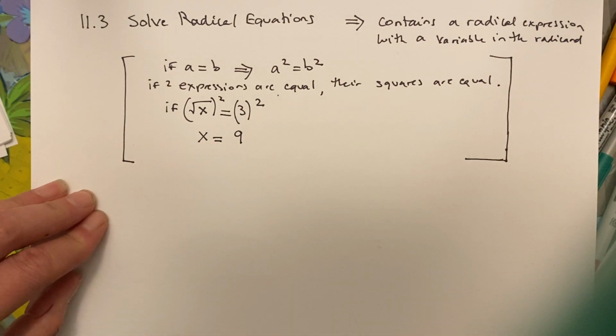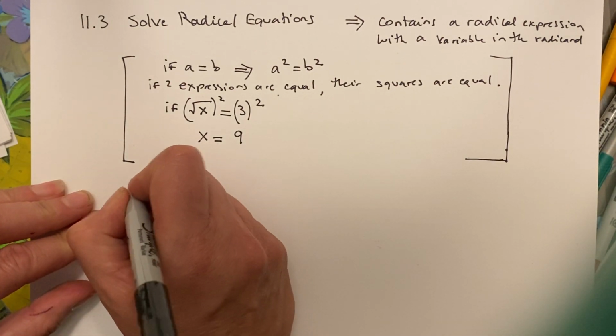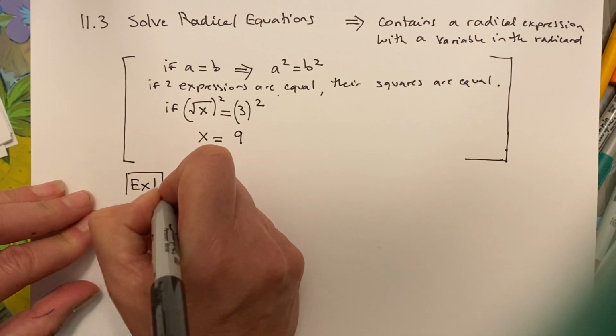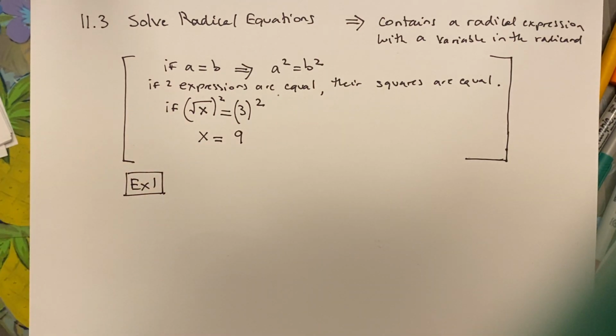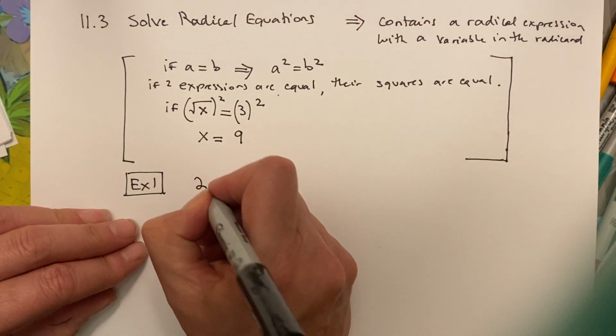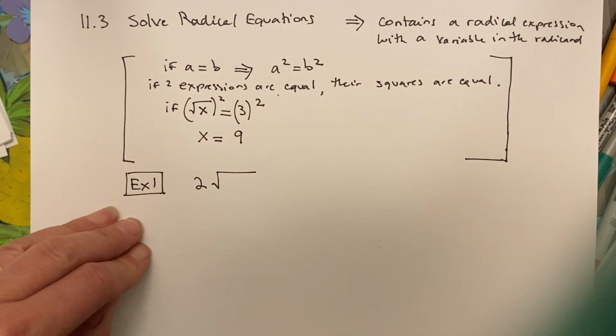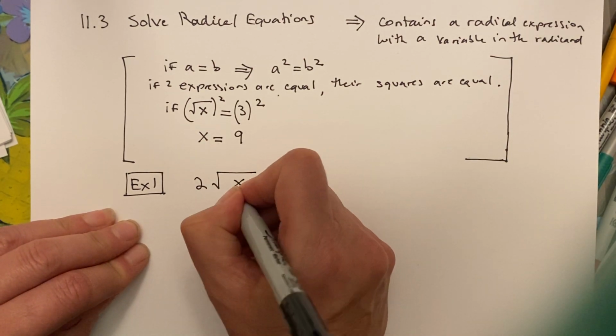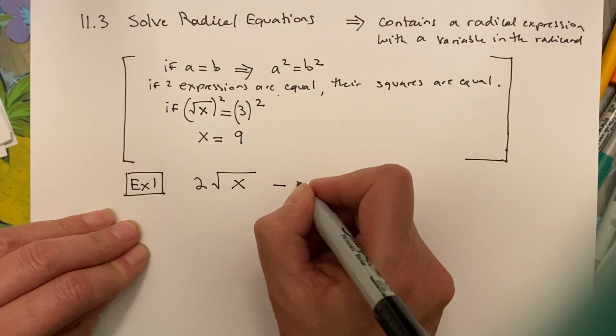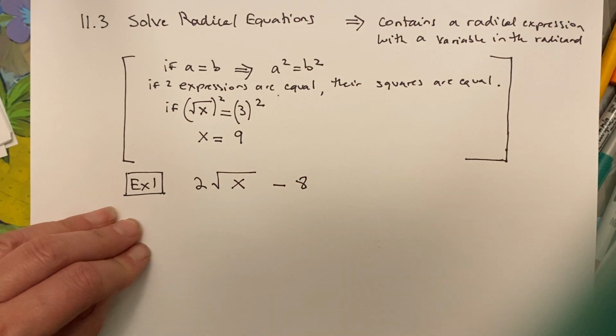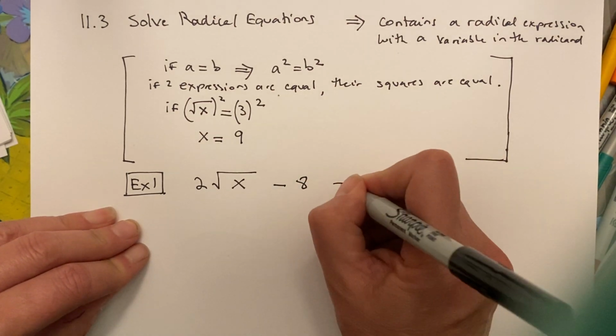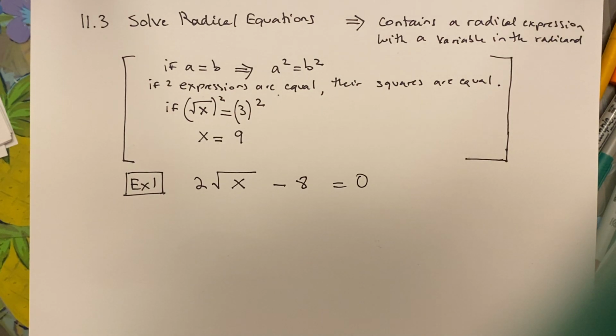So let's start with example 1. If I have 2 square root of x, actually I'm just going to put an x in there. I was going to put something more, but the negative 8 is outside, equals 0. Well, the first thing I'm going to do is I want to solve for x.